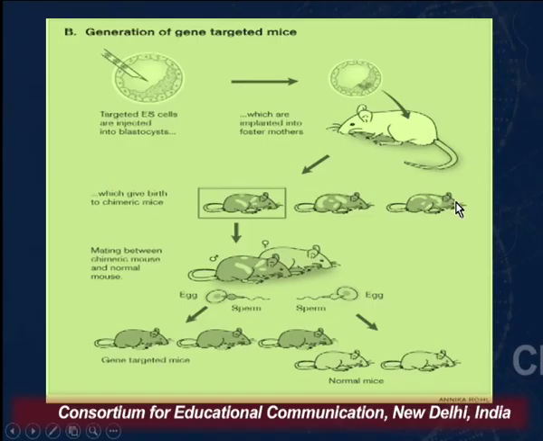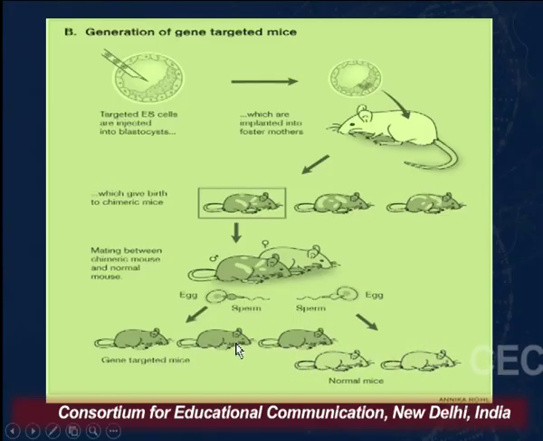These progeny will be the chimeras. Chimeras means expressing two different types of characteristics for a particular trait. So, these are the chimeras at the genetic level, and then you crossbreed them with the normal wild type females, and you will get a pure line of the transgenic as well as the other normal mice.